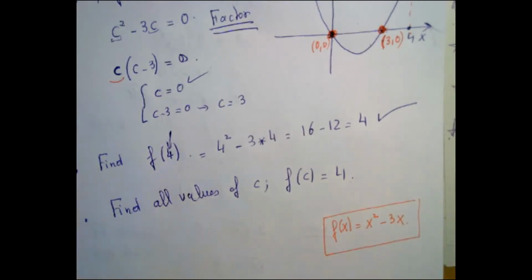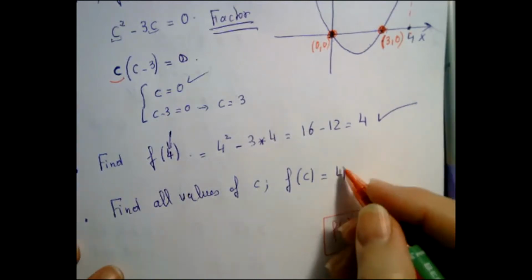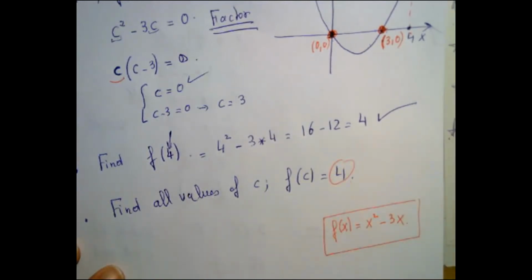Just setting it equal to 4? Right, just set the equation equal to 4, because 4 is an output value. It means I have to ask, what values of c, what should I put here to get a 4?